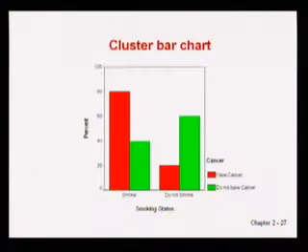Now we can also convert this to a chart. We call it a cluster bar chart. We have one cluster and another cluster of bars. Over here, the red color shows the distribution of smokers and non-smokers for people who have cancer. The green bar shows the distribution of smokers and non-smokers for those who do not have cancer. And you see they're different. For having cancer, you have more smokers in that group.